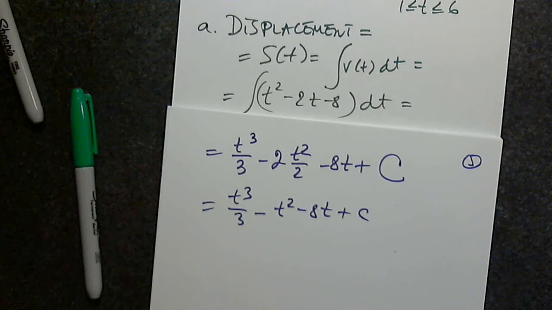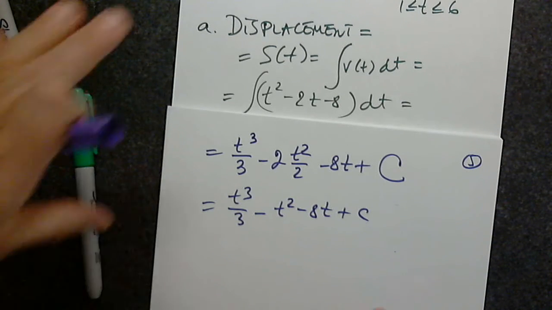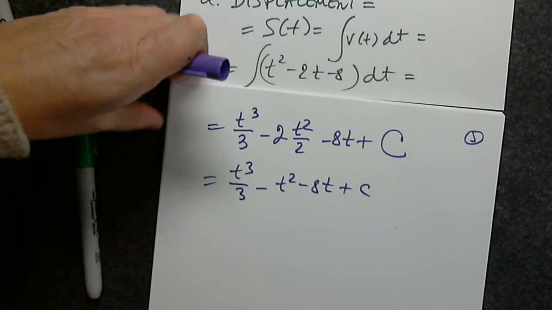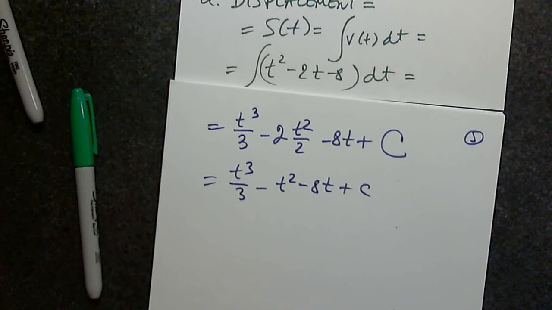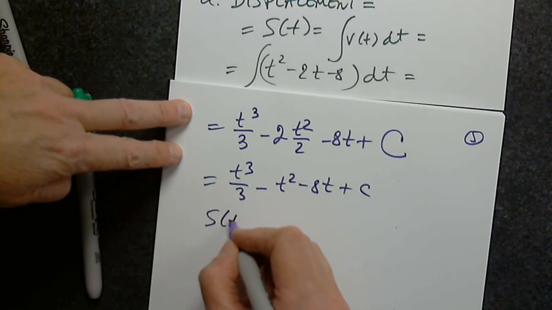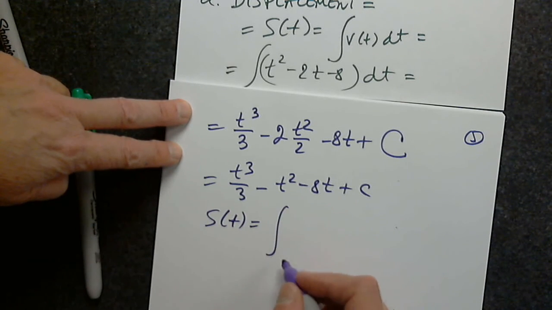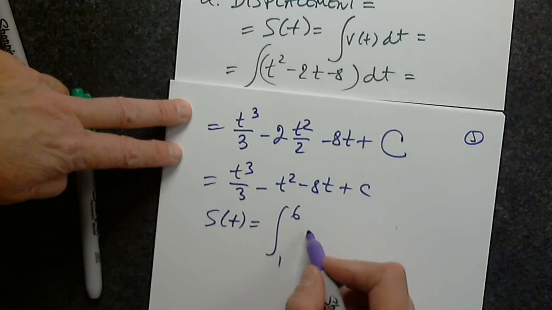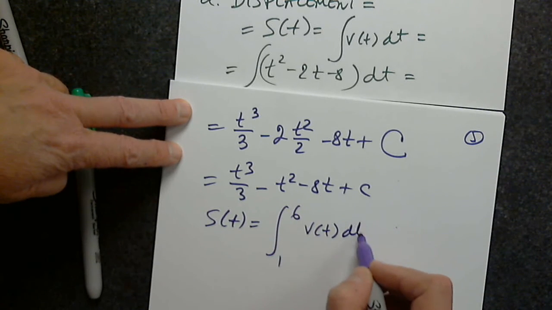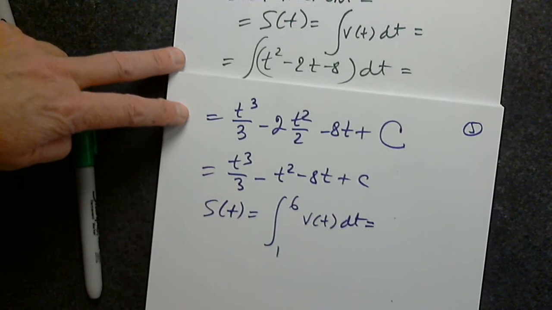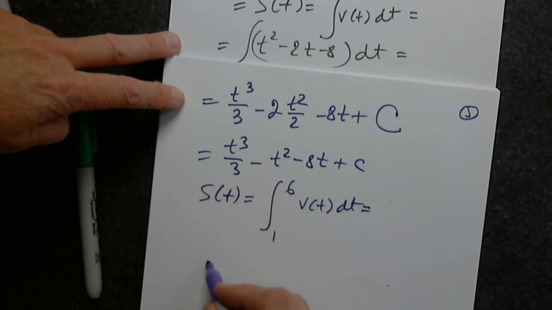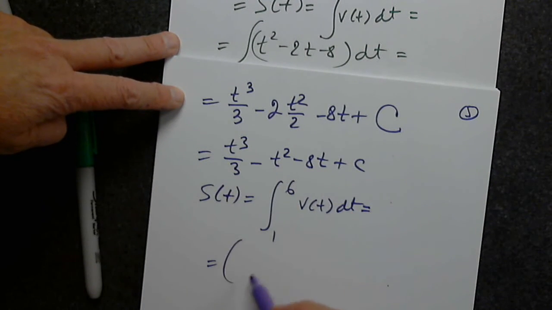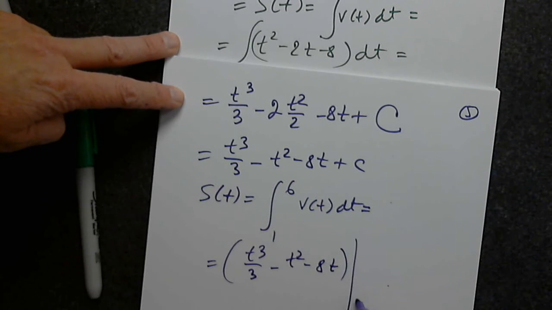Now, if I want to determine during the time interval that I'm given, because we may interpret that as a displacement between those two, then s of t will be the integral from 1 to 6 of v of t dt. In this case, all I have to do is use what I just determined, t cubed over 3 minus t squared minus 8t from 1 to 6.